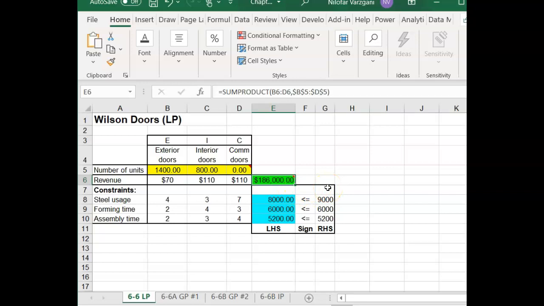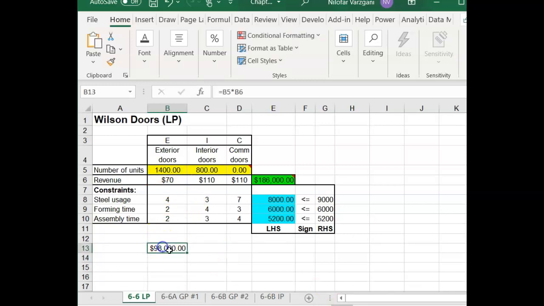The second goal that Wilson has set for his business is to achieve exterior door sales of at least $70,000. Currently, if we want to check what this LP solution gives the exterior door sales as, it would be the quantity multiplied by the selling price.